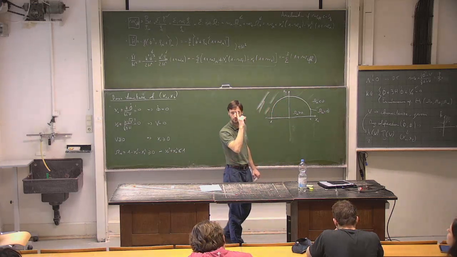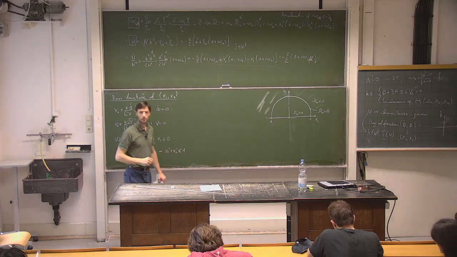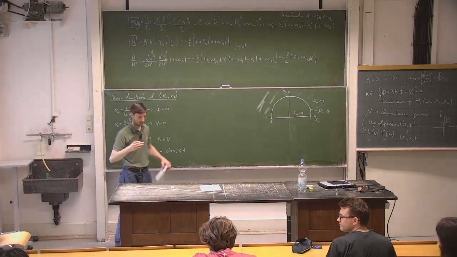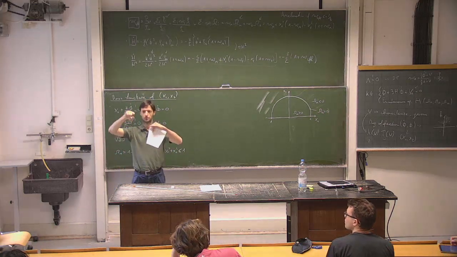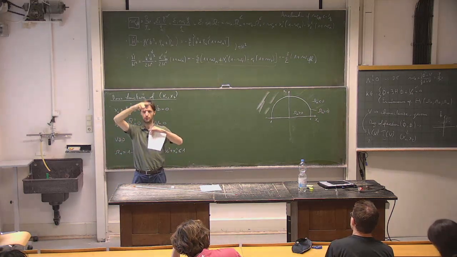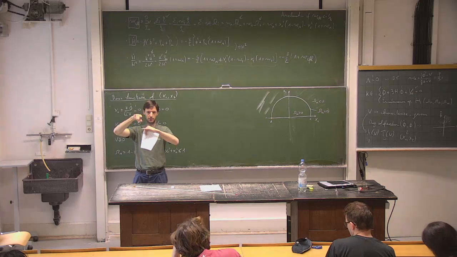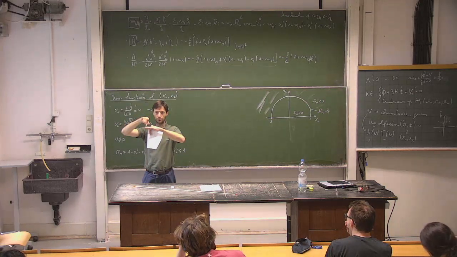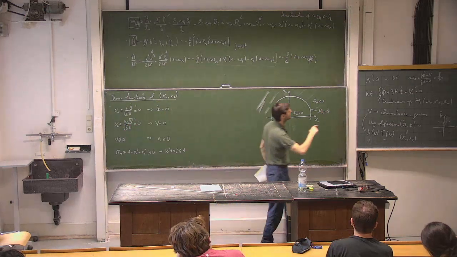Yep. Why do we want the potential to be positive? Because, for example, if you think of dark energy, of the cosmological constant, your potential would be starting in the middle with V. And V is directly proportional to the density.